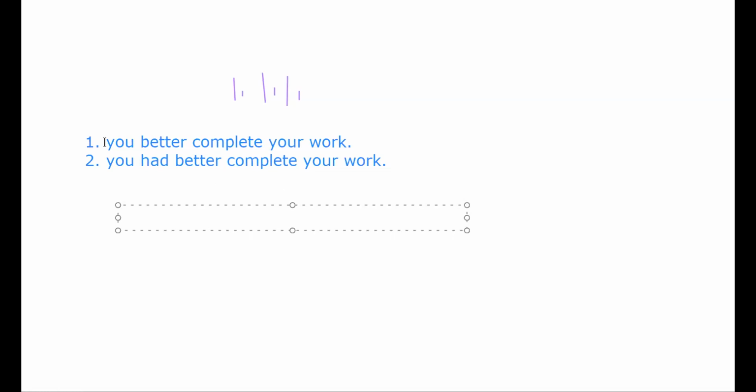So to get that rhythm, guys, please understand these speakers don't stress helping verbs. They don't stress modal verbs, and they don't stress prepositions.